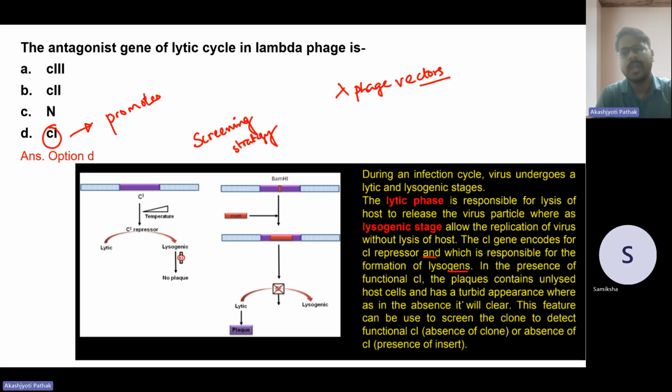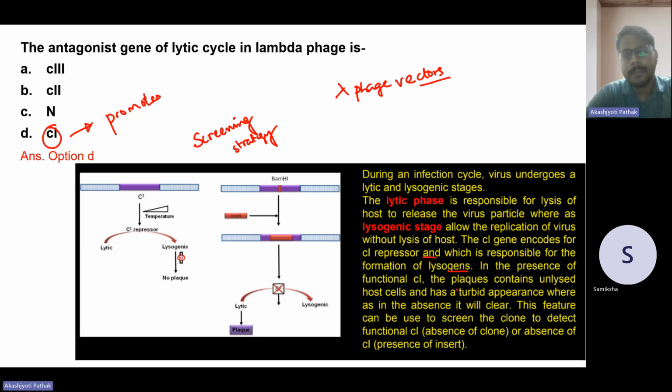There will be no turbidity, and this can again be used to screen the clone, to detect functional C1 protein, on the basis of whether this C1 is functional or absent.